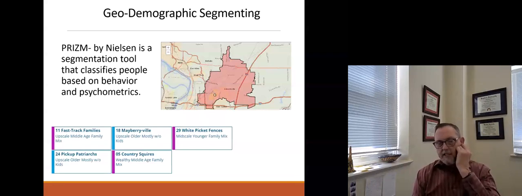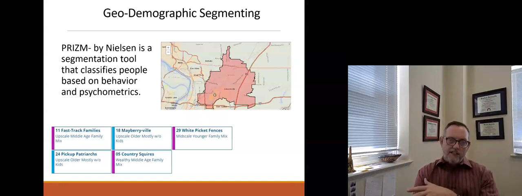So this is a segmentation tool. However, it's based on lots and lots of different data overlaid by geography. The geodemographic segmenting concept is you have a geographic footprint, but then you layer on top of that a bunch of data that deals with consumer characteristics.